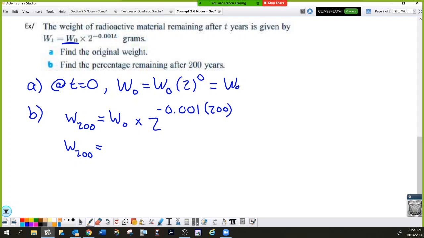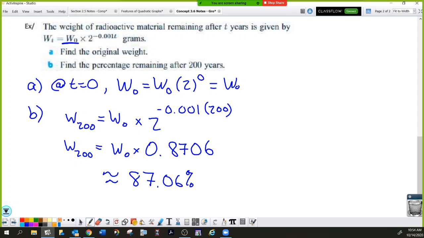And what you're going to get, and you would just use your calculator to get this number, is W sub 0 times 0.8706. That means you have 0.8706 of your W sub 0 left. So that is about 87.06% remaining.